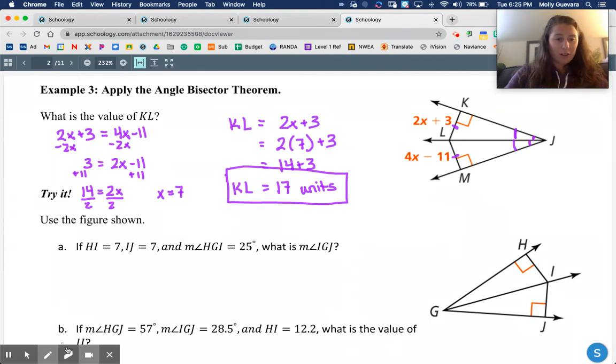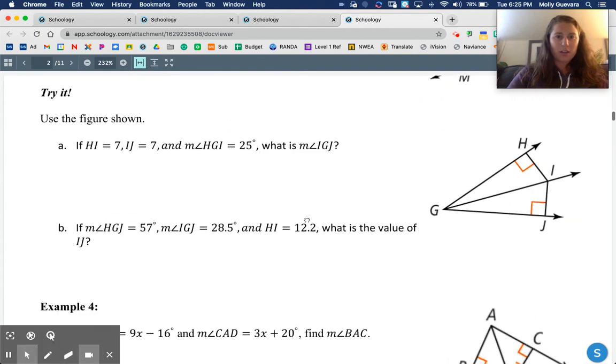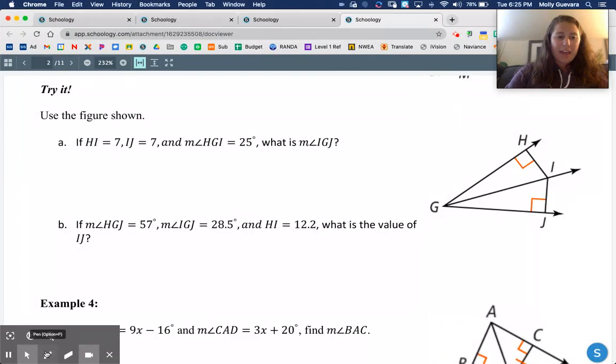We have a try it here. For the try it, I'm going to scroll down just to show you. For A, the values are given, and you'll need to plug those values in. And then for question B, the values are totally different. So even though it's the same image, you'll have to plug in your values.